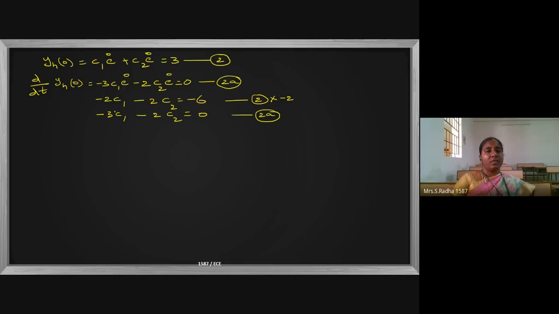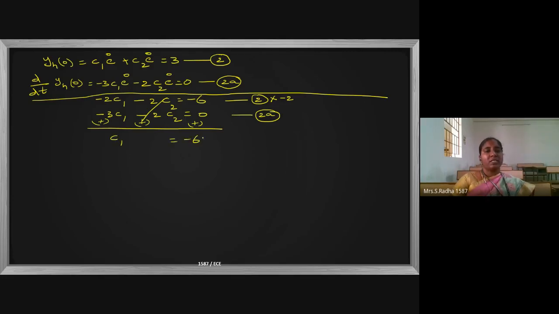Now I am going to solve the two equations. If you subtract, the second equation will have sign changes. So minus 2 plus 3 becomes plus 1 c1, and on the right it is minus 6.